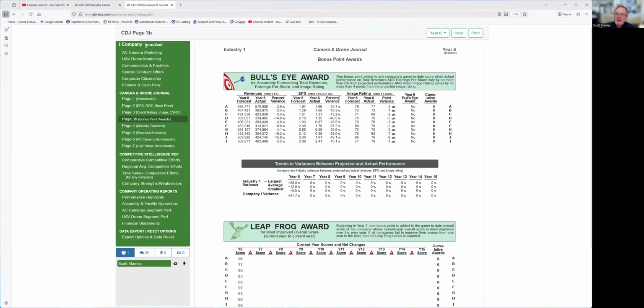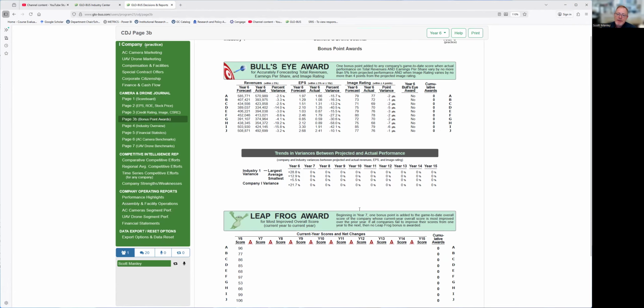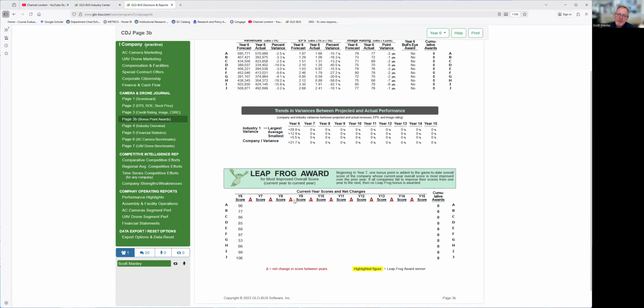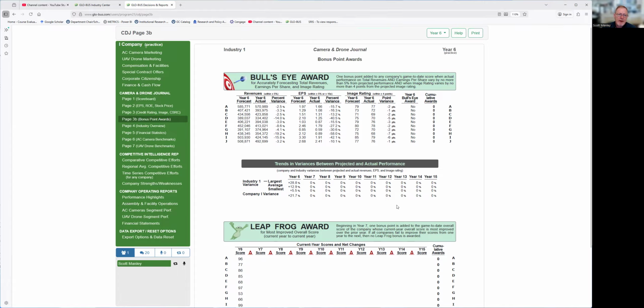Now, this information is important because if your company meets its projections for revenue within plus or minus 5%, earnings per share within plus or minus 5%, and image rating within plus or minus 4 points, then you get what's called a bullseye award. That's an extra bonus point that sticks with you for the duration of the competition, right? And then you can also win what's called a leapfrog award, but I'll tell you more about that later.